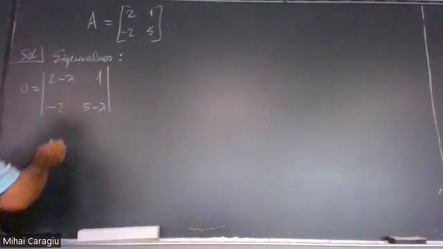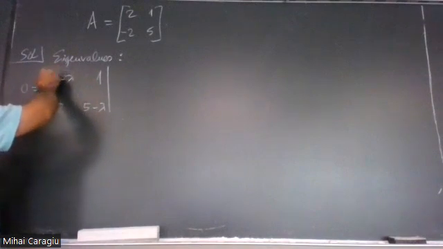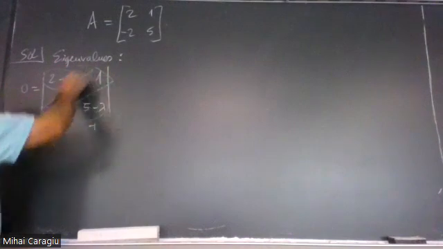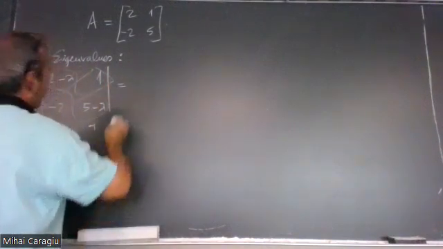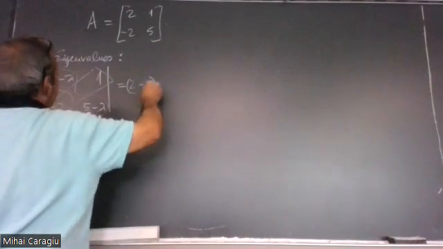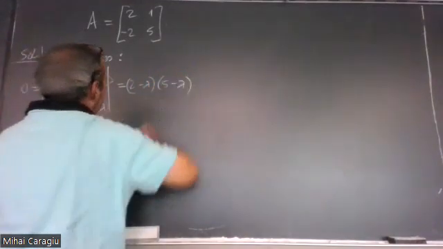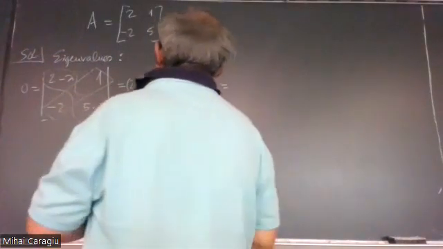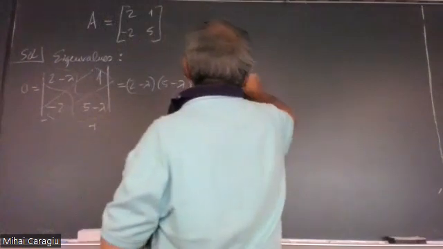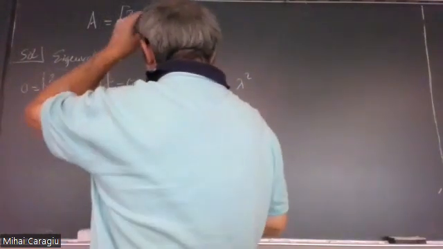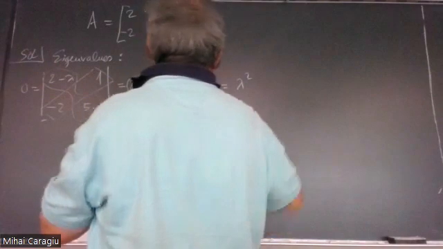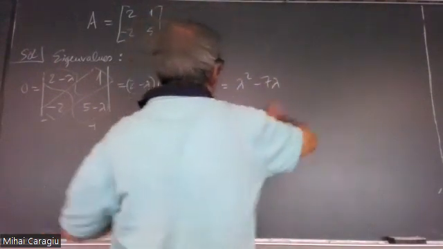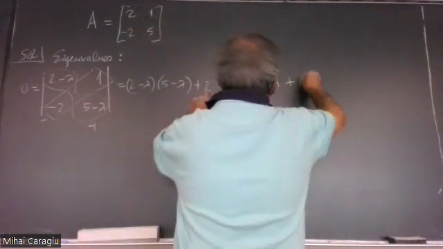So let's do this determinant. The determinant of a 2 by 2 matrix is the product of the main diagonal with plus, minus the product of the secondary diagonal with minus. So this will be (2 minus lambda) times (5 minus lambda) minus 1 times minus 2, so plus 2, which will be lambda squared minus 5 lambda minus 2 lambda, minus 7 lambda, plus 10 plus another 2, plus 12.